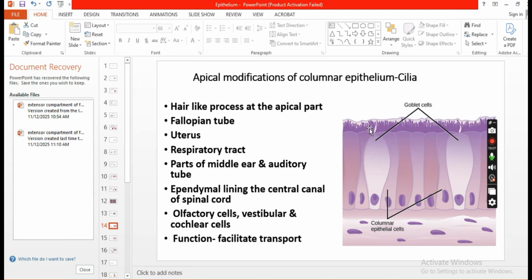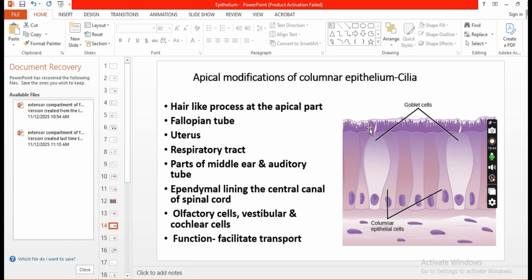Another area where you can see it is the fallopian tube. The fallopian tube is lined by columnar cells having cilia. The ovum released from the ovary will be taken into the fallopian tube, and the beating of the cilia of the fallopian tube cells helps the journey of the ovum towards the uterus.